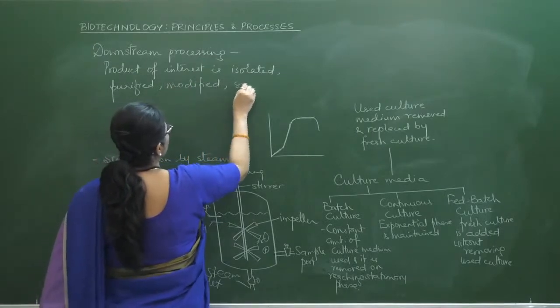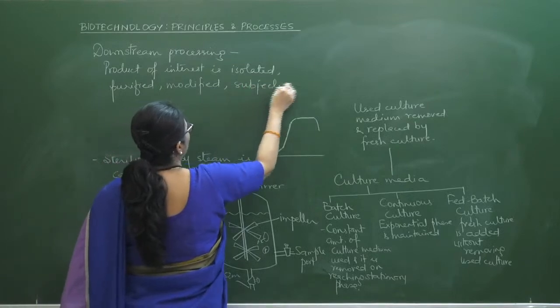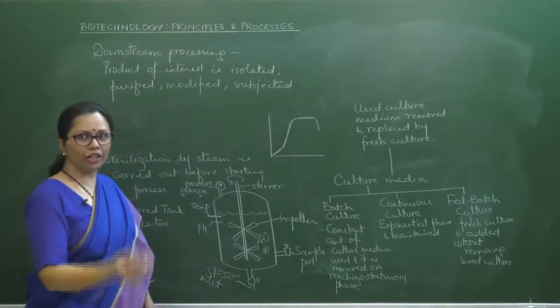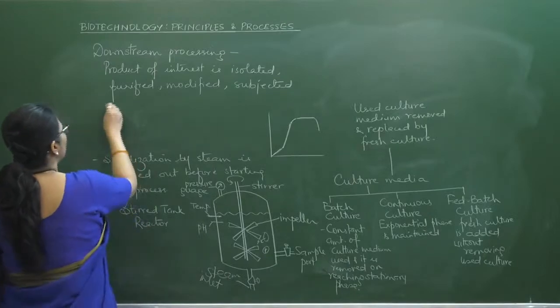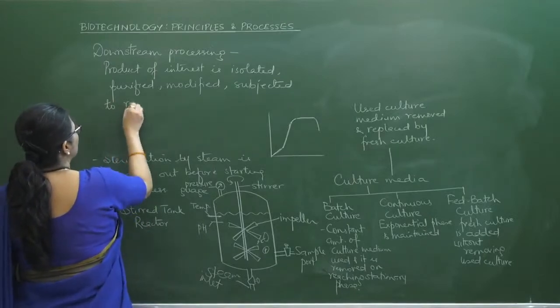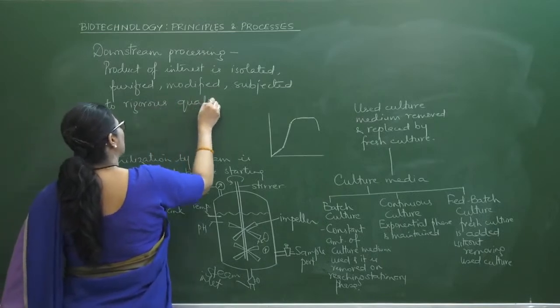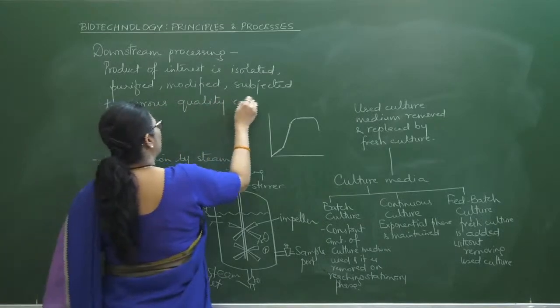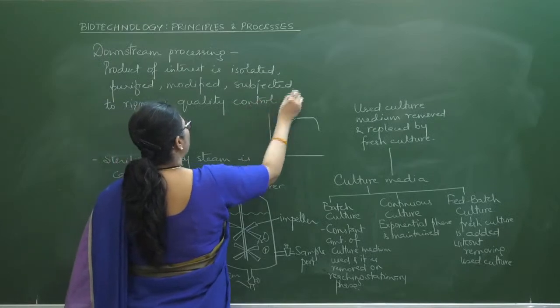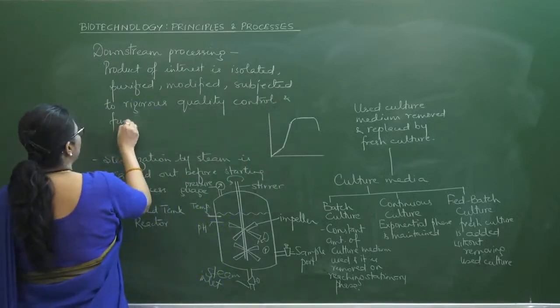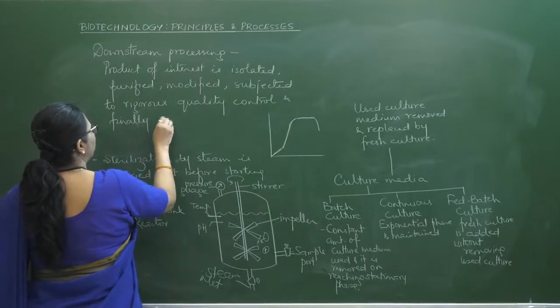Then it is subjected to rigorous quality control, because medicines and all are there, so a lot of testing is required, and finally marketed. Now it is ready to go in the market.